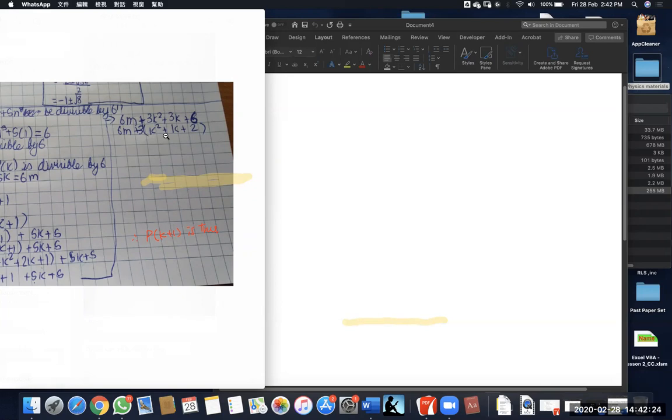Therefore, k squared plus k plus 2 is even. So you can extract a factor of 2. And then if k is even, k squared plus k plus 2 of course is even. That's how you do it.